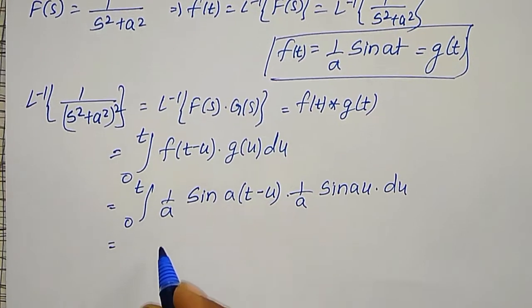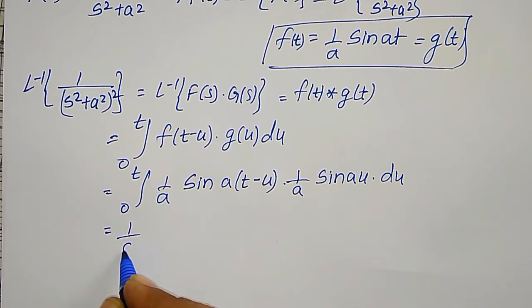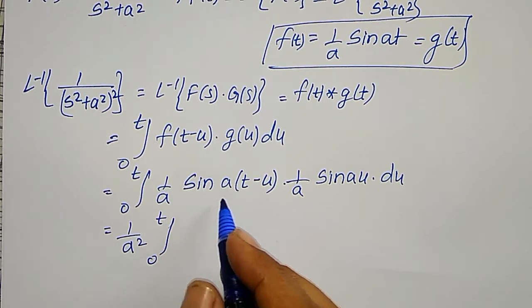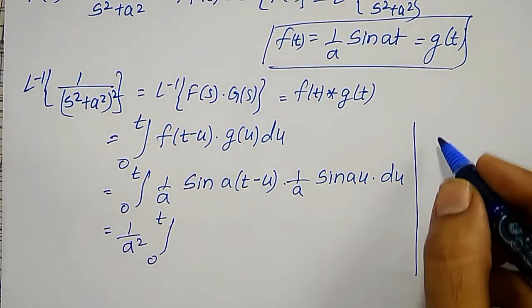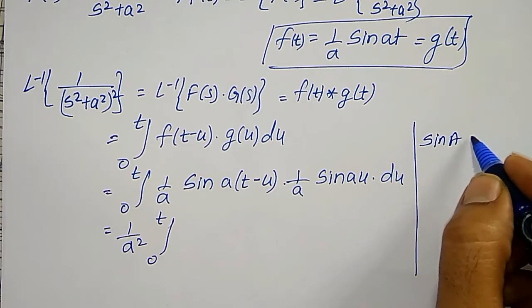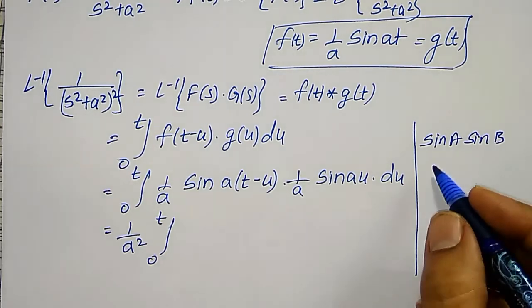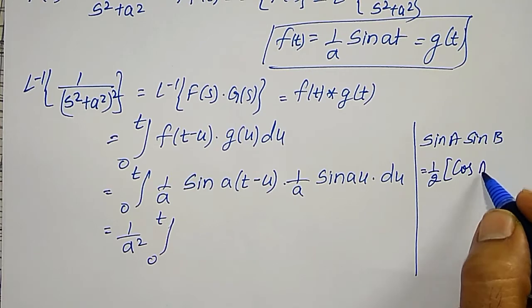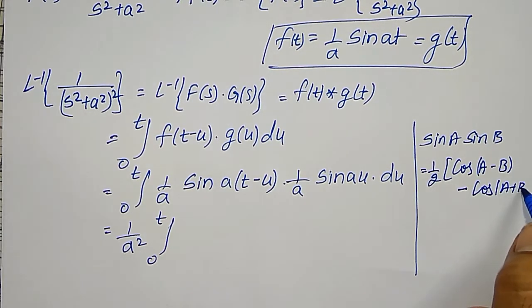Therefore, I can use the split product of trigonometric terms, because I cannot integrate the product directly. Therefore, I have to convert it into a subtraction. That is 1 by a square into the integration from 0 to t of sin A into sin B. The formula I will write here by the side: sin A into sin B is nothing but 1 by 2 times (cos of A minus B minus cos of A plus B).